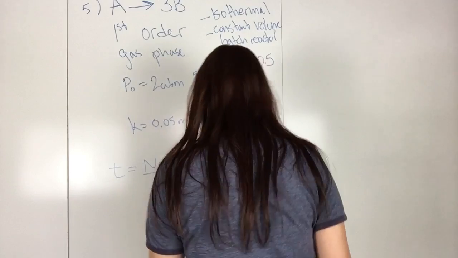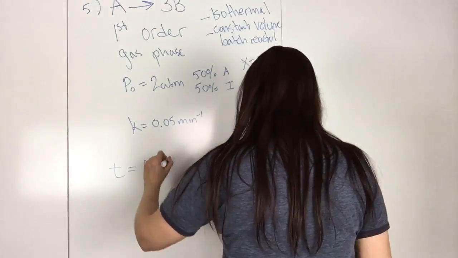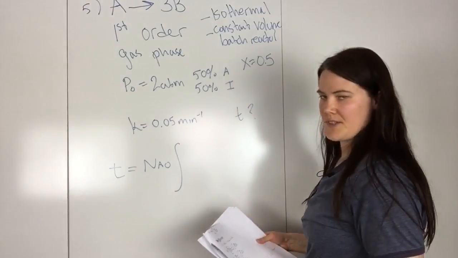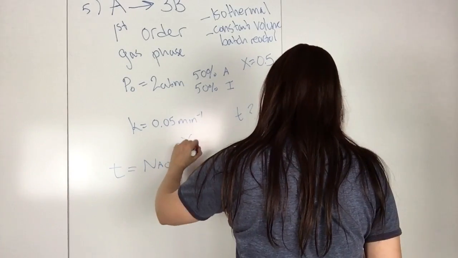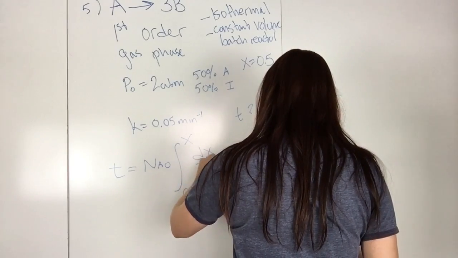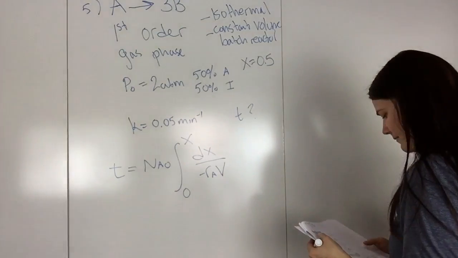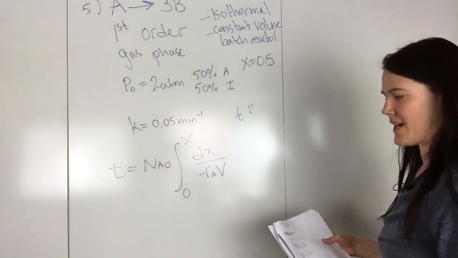So we know that it's equal to the moles multiplied by the integral from 0 to X of dX over minus rA V. And since it told us this is first order, we know what the reaction rate is.